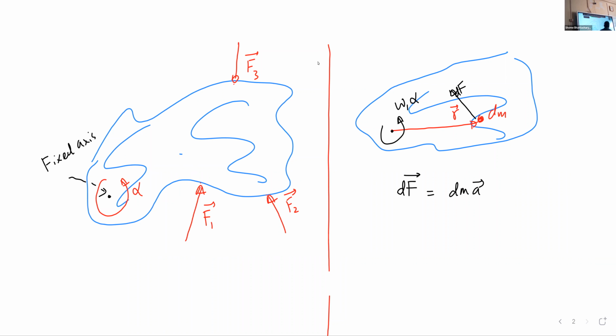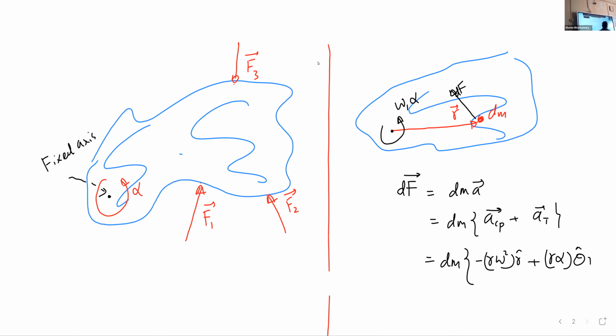And further, we've seen its acceleration is what? It is the sum of centripetal acceleration plus tangential acceleration, which for simplicity I'll just write like this. Instead of that cross product thing, I'll just write it as minus r omega square r cap plus r alpha theta cap.